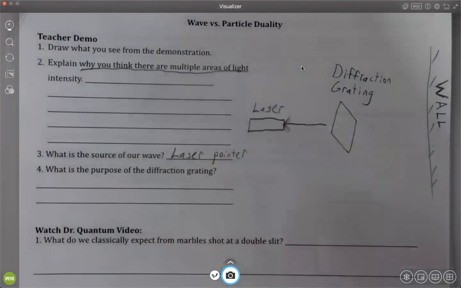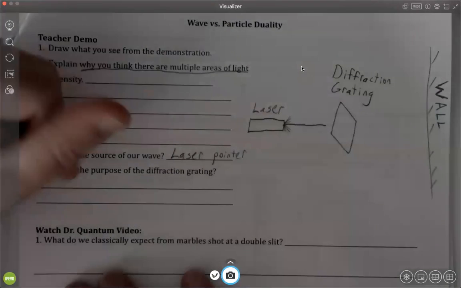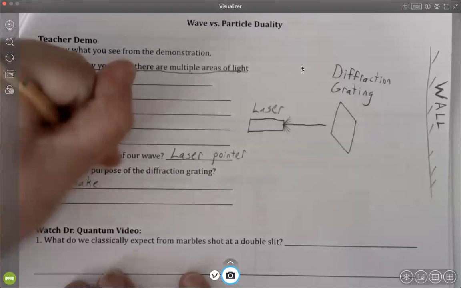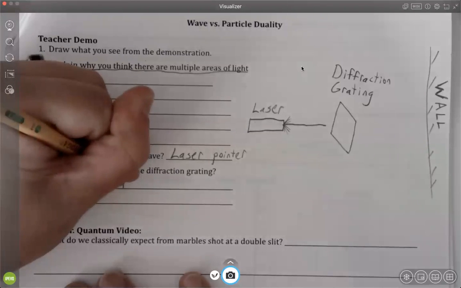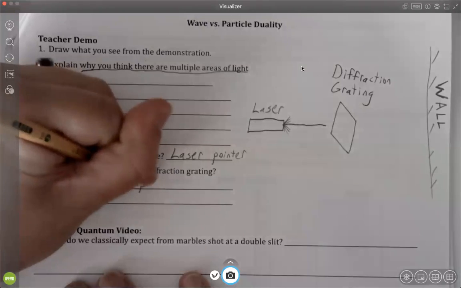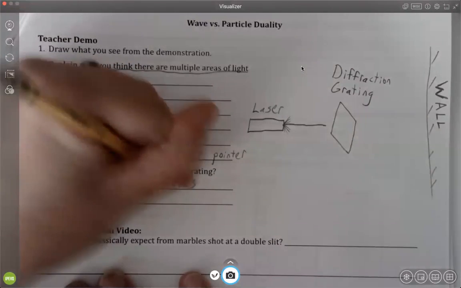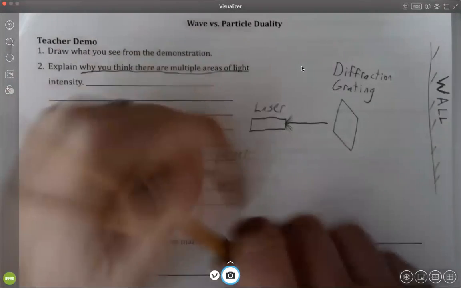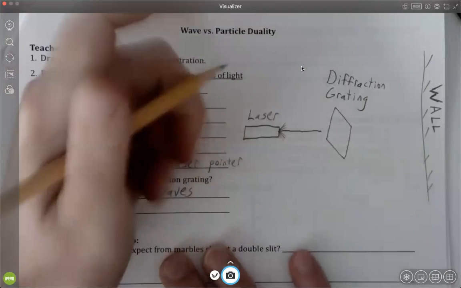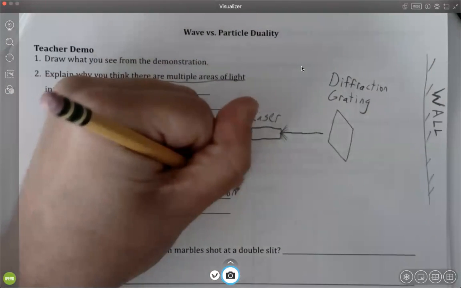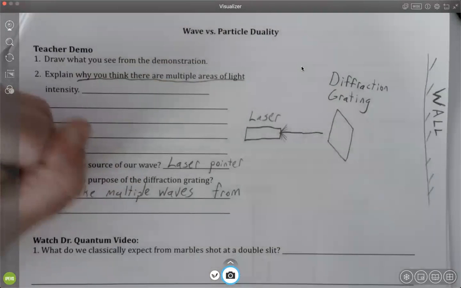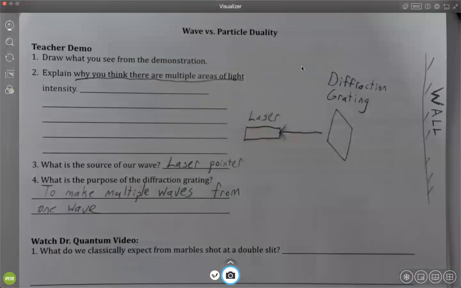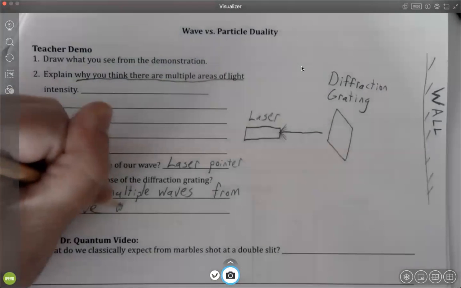And the purpose of this diffraction grating was to make multiple waves from one wave with the same frequency.